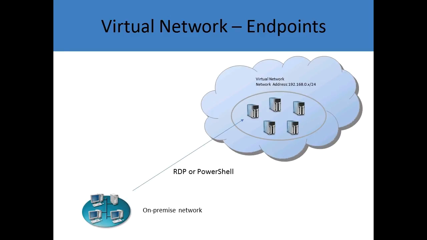So what you might do is set up something like RDP, remote desktop, or maybe PowerShell access into a specific server or several servers, that's fine. But that's the idea of endpoints. We're not exposing the entire network, just a few selected services on any one of the hosts. In either case, however you set up your virtual networks, it definitely gives you more control for controlling and managing your virtual machines.